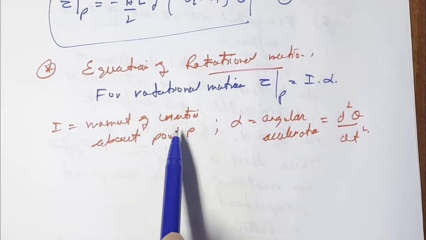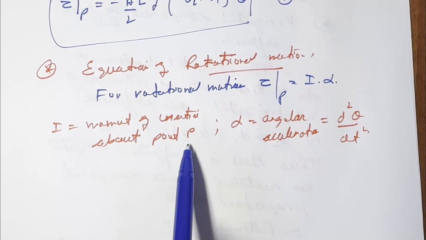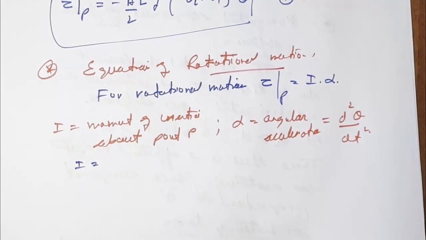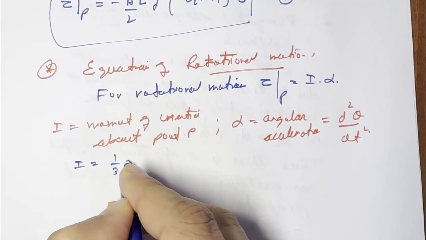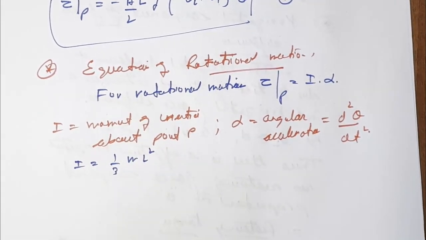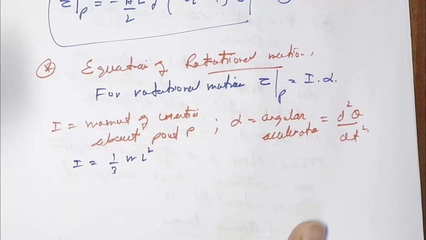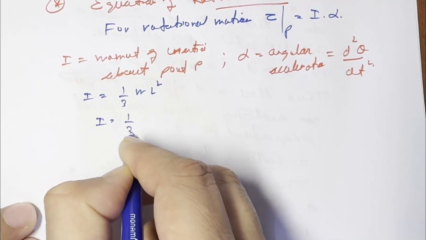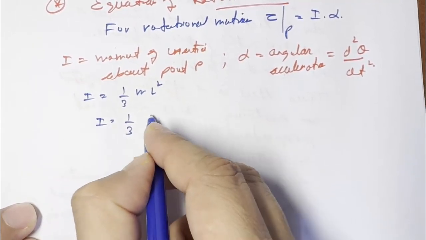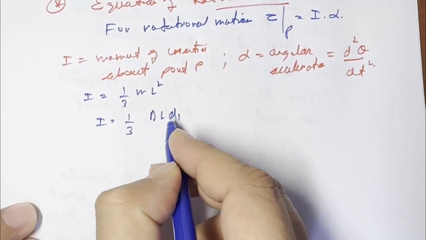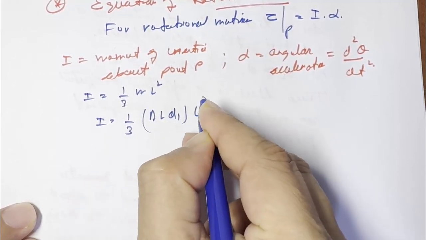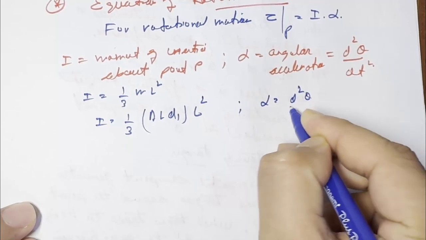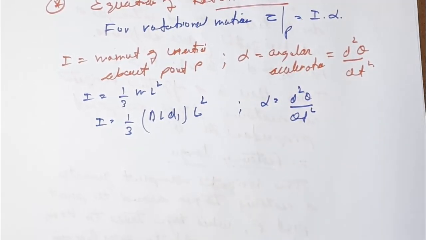And this point P is at the end of the rod. So from here we can write that I will be equal to 1 by 3 m L square, and we substitute the value of mass m. So I will be equal to 1 by 3, and m is our AL d1, multiplied by L square, and alpha is our double derivative of theta with respect to time.